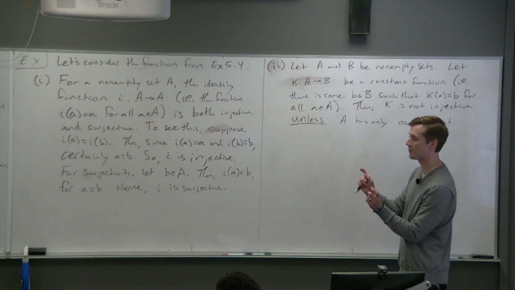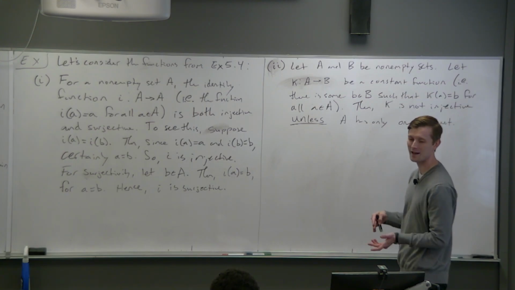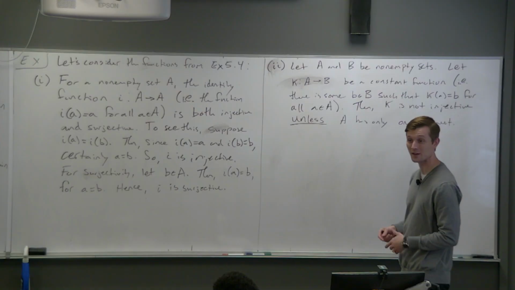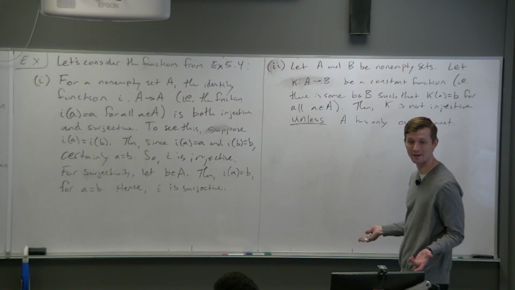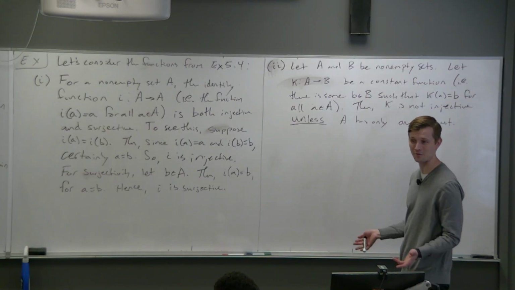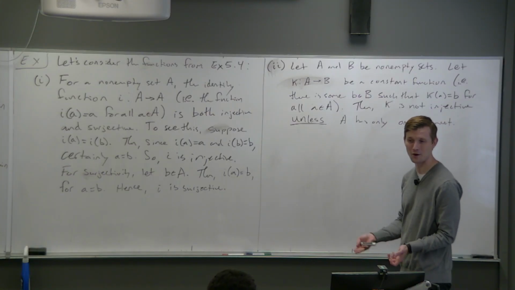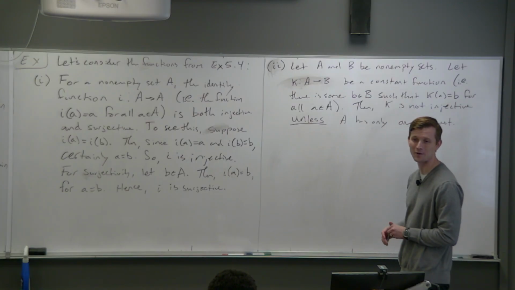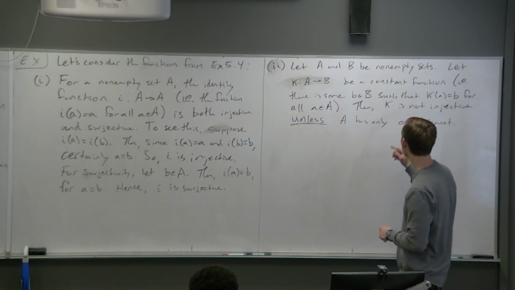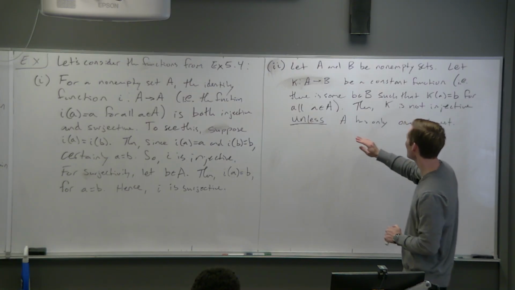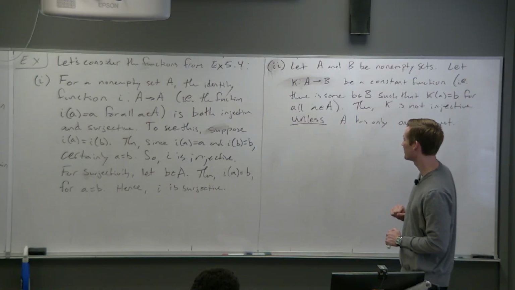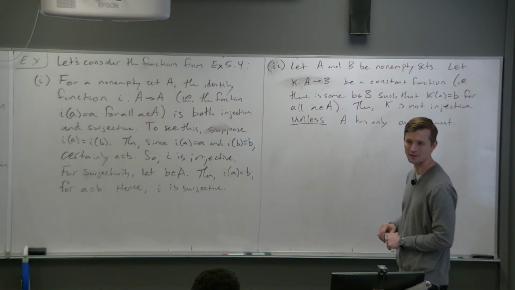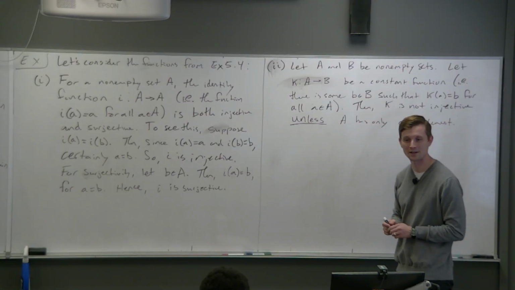Injectivity says, hey, if you get the same thing out, then you must have had the same thing you put in, right? If there's only one choice for what you can put in, there's no way you can get the same thing out from two different things. There's only one thing to have in the first place, right? So every function from a one-element set, constant or otherwise, is injective, right? So if A has only one element, then a constant function can be injective. But in any other situation, it won't be.